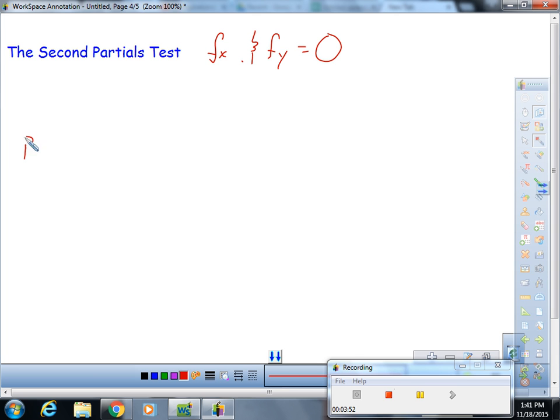Rule number 1. There's 4 rules to the second partials test. All you got to do is pick the right rule for the right situation.